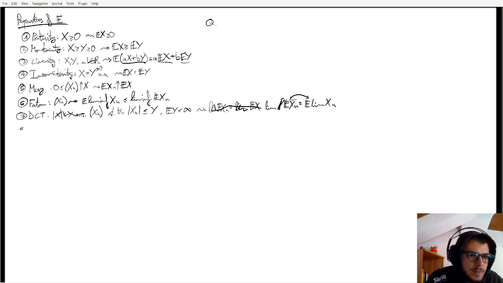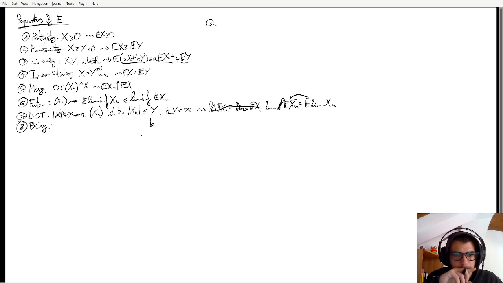Then we have bounded convergence, which is the same as the dominated convergence, but instead of y we have b, which is a constant. Yes, so these are the properties of expectation, which derive by its definition as the integral of x with the measure p.